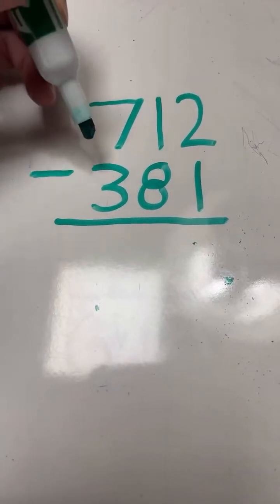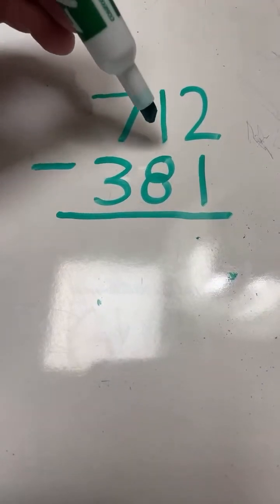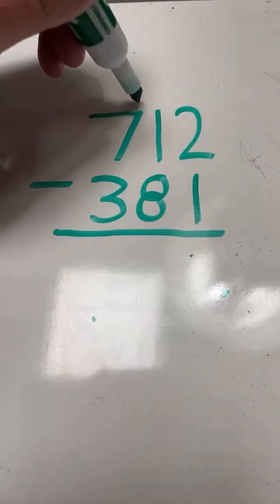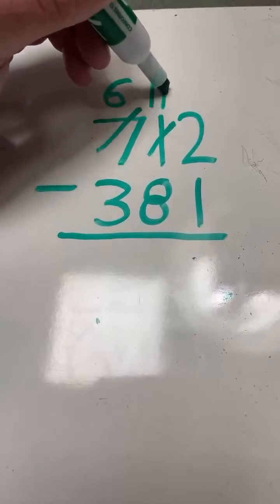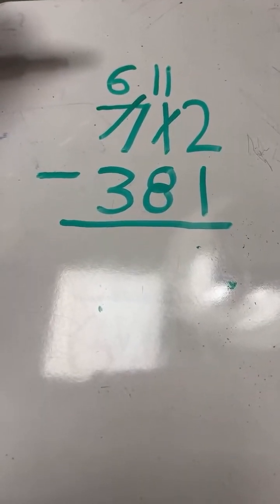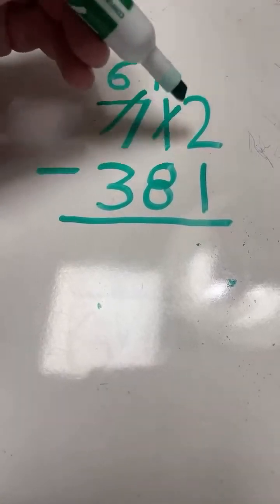So here, 7 is bigger than 3, but 1 is smaller than 8. So we will need to regroup in the tens place. So the 7 is going to become a 6, the 1 is going to become an 11. Six is bigger than 3, 11 is bigger than 8, 2 is bigger than 1.